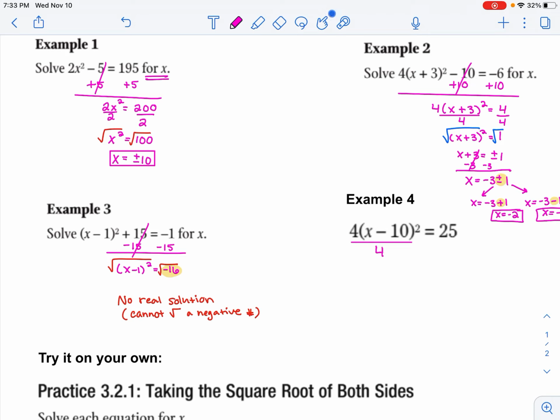So I'm going to divide both sides by 4. So I'm going to have on the left-hand side (x - 10)² equals, and then I can just leave this as 25 divided by 4, as 25/4.